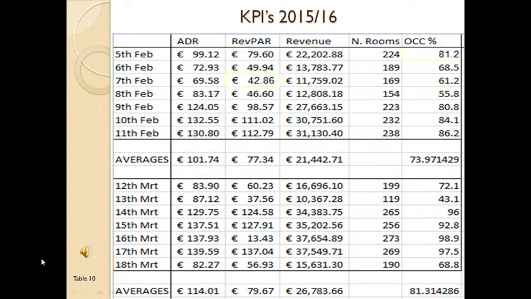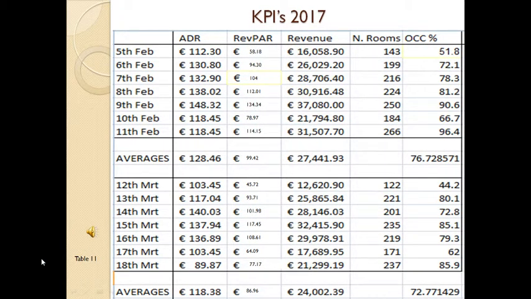In the table, there are also averages, which will be translated into percentages later on. And in order to compare our prospective performance, I did the same calculations for this year, 2015. This table also includes the averages of all key performance indexes.